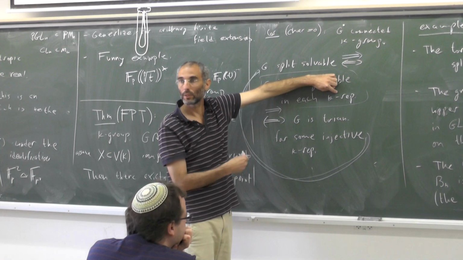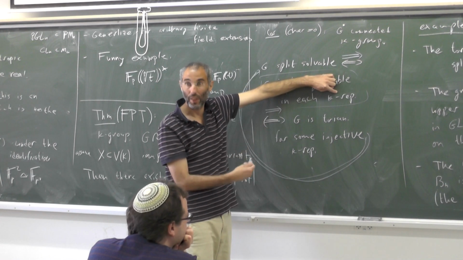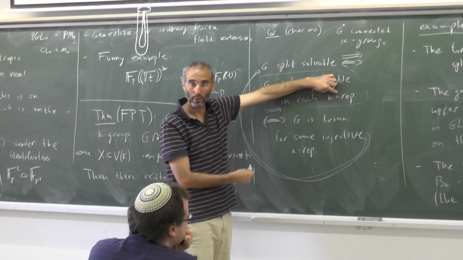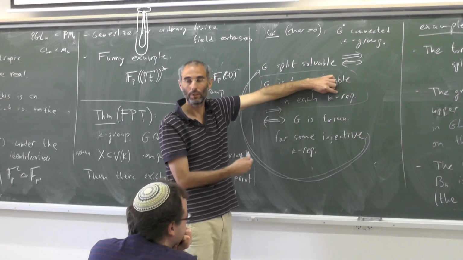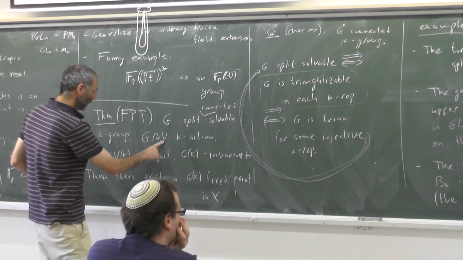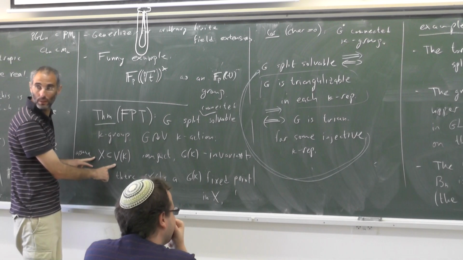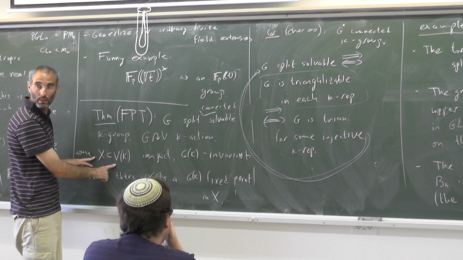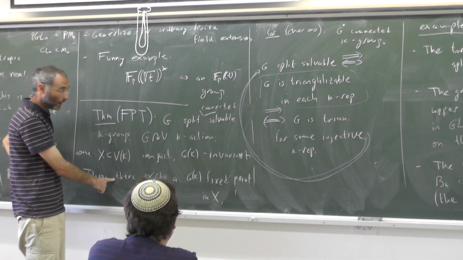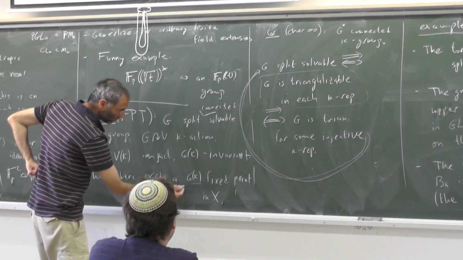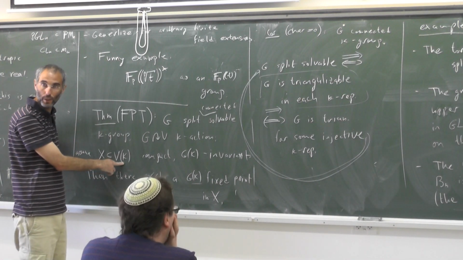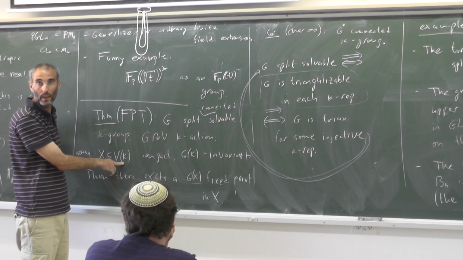I'm looking now on the space of flags of that vector space. Of course, a group is triangulizable if and only if it fixes a flag, right? So this will be my V. X will be all the flags of V. And there will be a fixed point there. There will be a point fixed by G(K), so it will be a point defined over K, a K flag. So my group is K triangulizable.